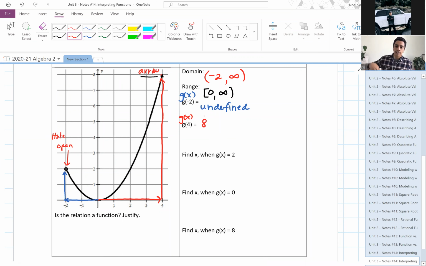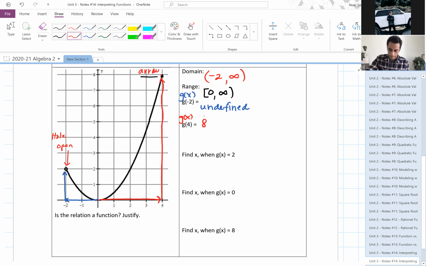The arrow just indicates you could continue to draw the curve, but there's going to be a point there. It doesn't mean that suddenly it's infinity. It's just giving you the trend of where the curve is going. So the trend is useful for domain or range, but when it comes to evaluating, you would have to find the actual output. What is the actual y value?